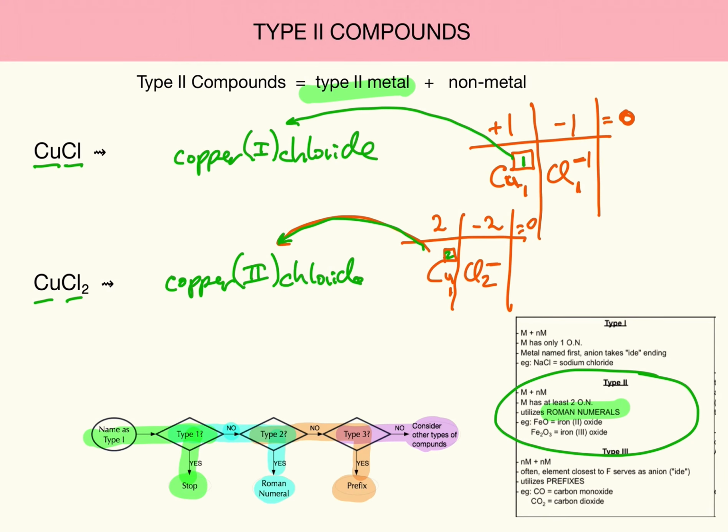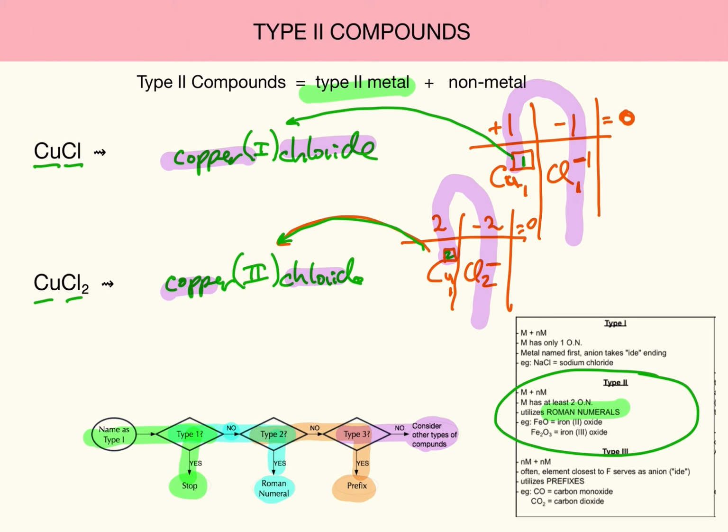Note a couple of things. There's no way to determine this but to do the math. You've got to go around the bend to do this math to figure that out. The second thing to note is, notice I did not throw away my type 1 name.